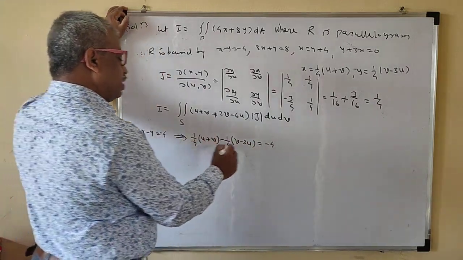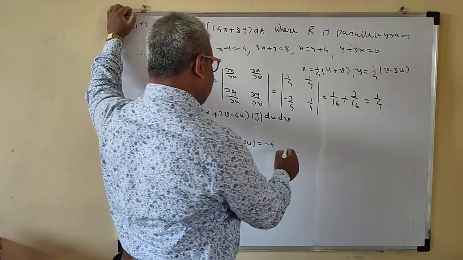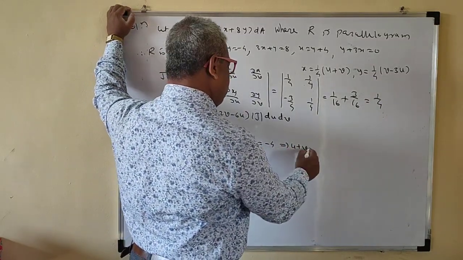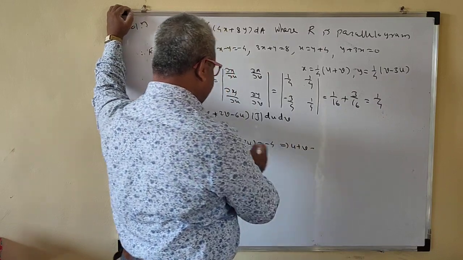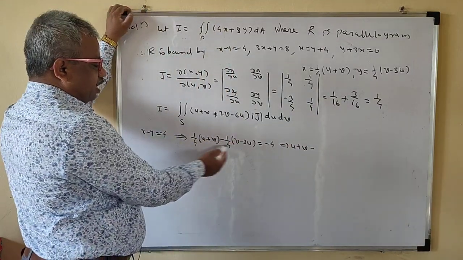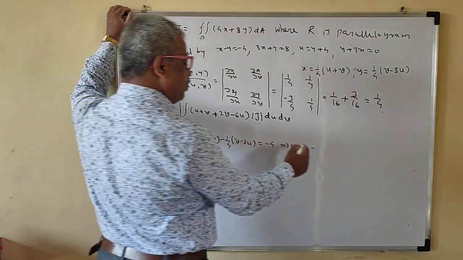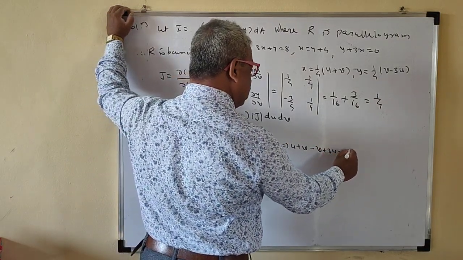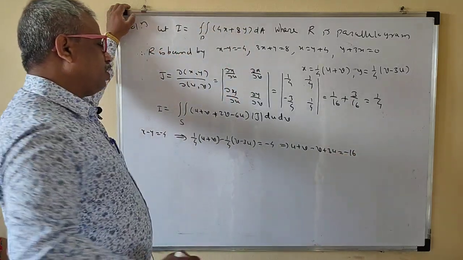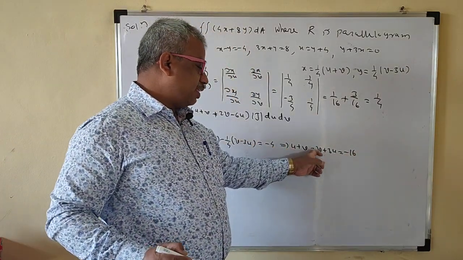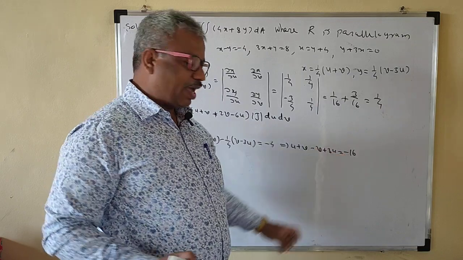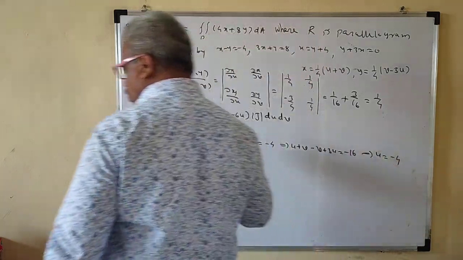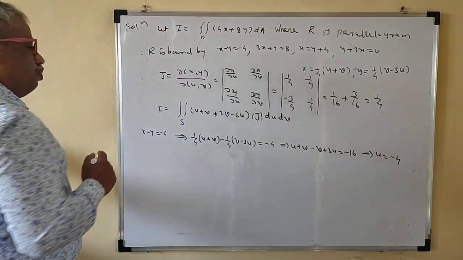I will multiply by 4 on both sides. Just simplify the bracket: u plus v minus v plus 3u is equal to minus 16. So your v's get cancelled. So 4u is equal to minus 16. That means u is equal to minus 4.